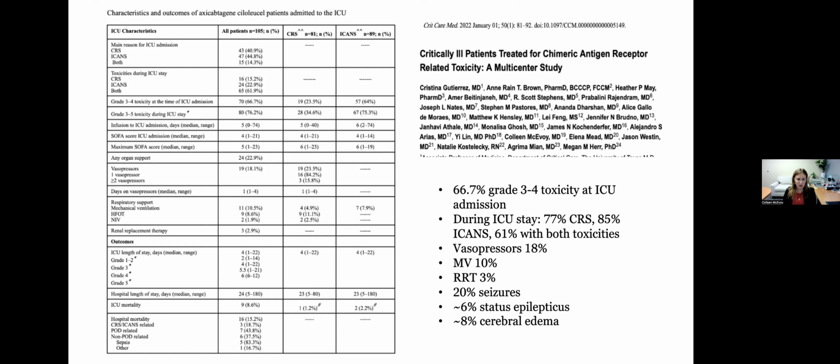Still, about 10% of patients required respiratory support, whether that is invasive mechanical ventilation, high flow oxygen, or non-invasive mechanical ventilation. And about 3% required renal replacement therapy. For ICANS, 20% had seizures, with about 6% in status epilepticus and 8% with cerebral edema. So again, it can be quite severe and life-threatening.